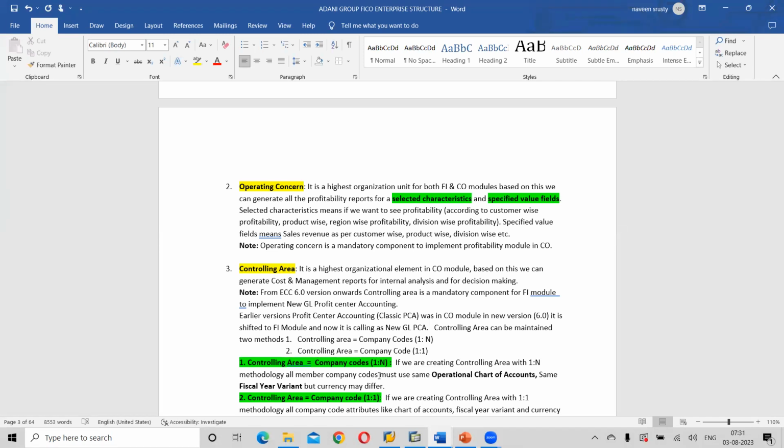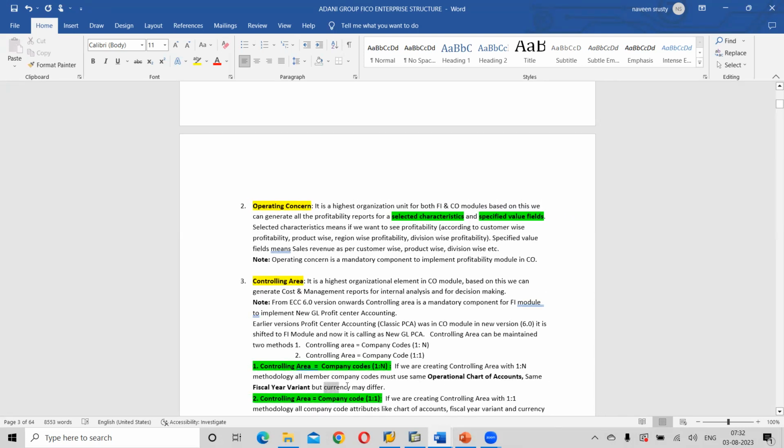If we are creating a controlling area with 1:n methodology, all member company codes must use the same operational chart of accounts and the same fiscal year variant, but currencies may differ.